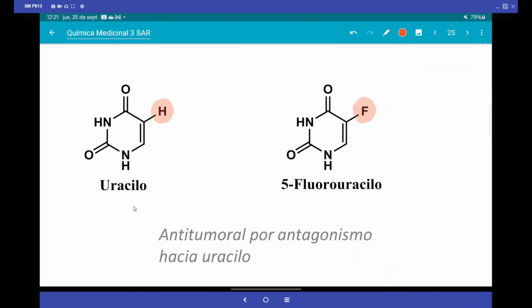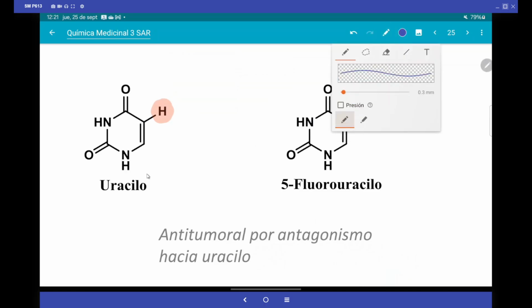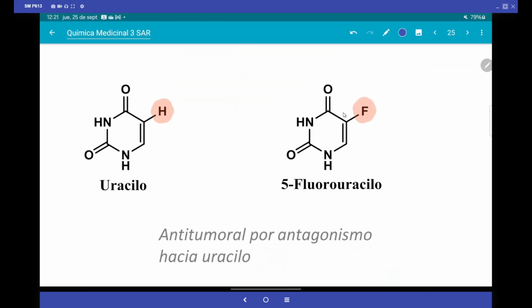The uracil is a nitrogen base that is synthesized, and the hydrogen bridge is with the vacuum, and the fluorine does not make a halogen bridge.